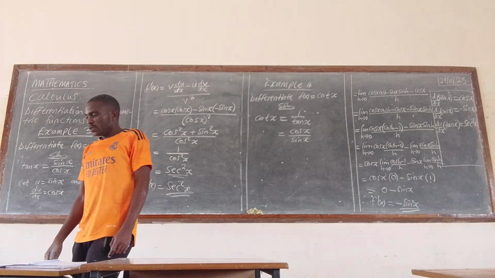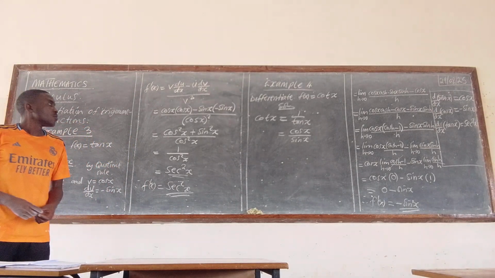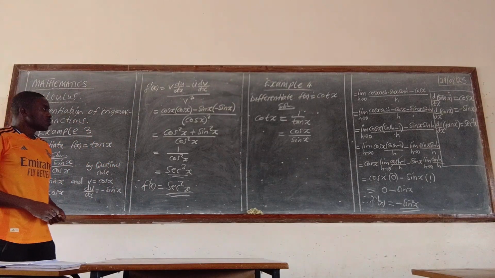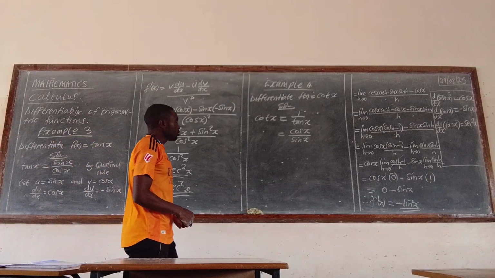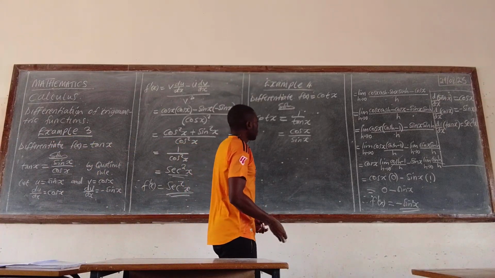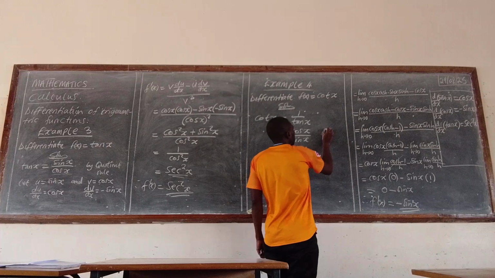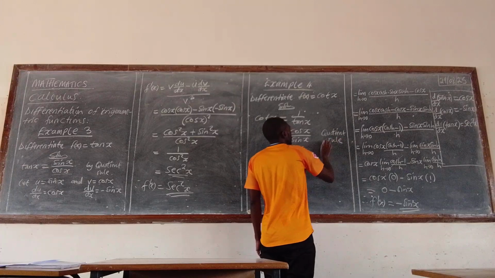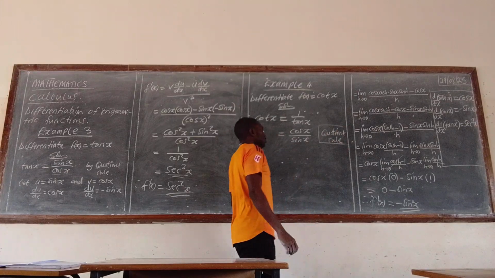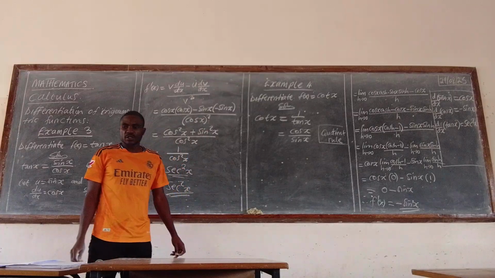So now, differentiating that one, what are we going to use? We are still going to use the quotient rule, just like in the previous example.